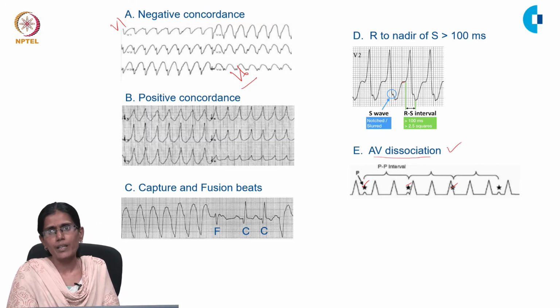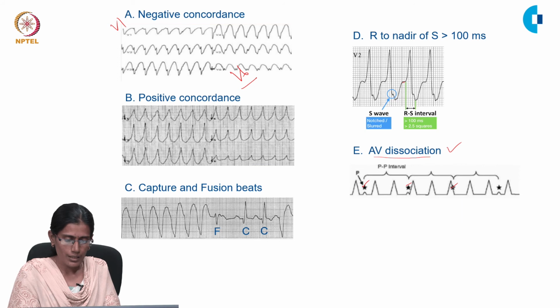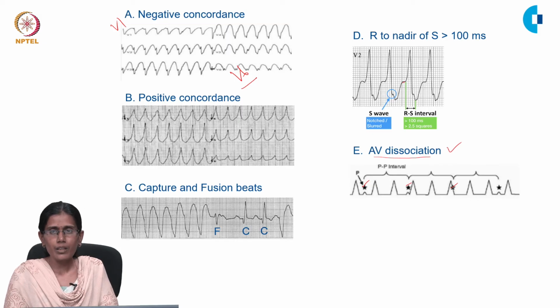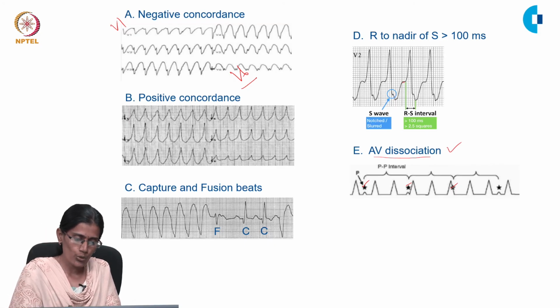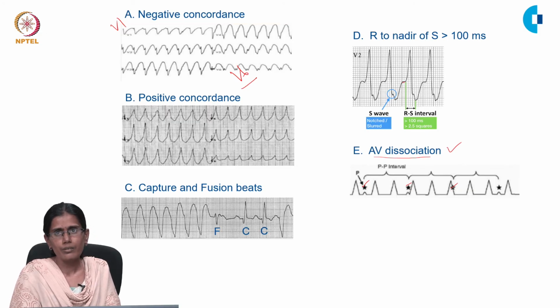It means during the episode of VT, the sinus impulse may be conducted via the AV node and temporarily captures the ventricle. That means the ventricle is activated by the sinus impulse. So, you see P wave, normal PR interval and normal looking QRS complexes. It is diagnostic of VT.